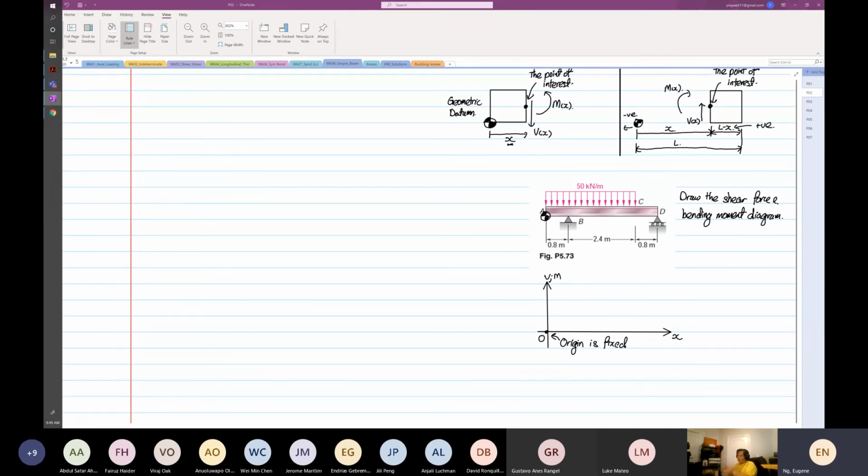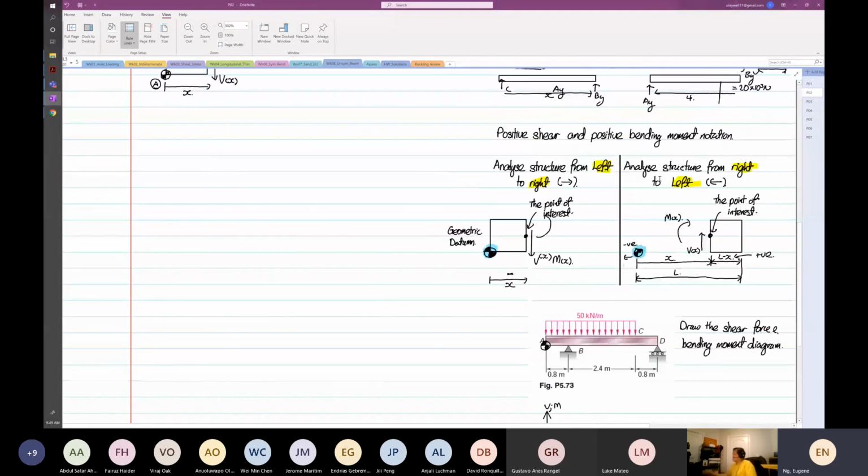That's why your geometric datum will not and shall not move. So on this context, either you analyze your structure from left to right or right to left, the geometric datum did not move at all. The geometric datum is fixed.